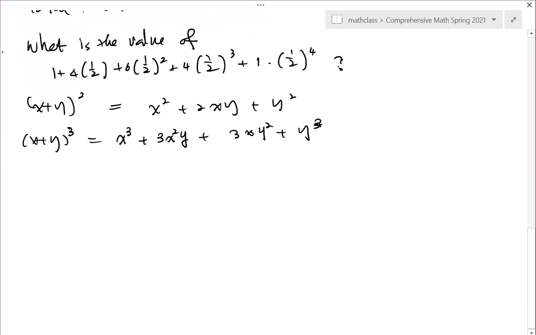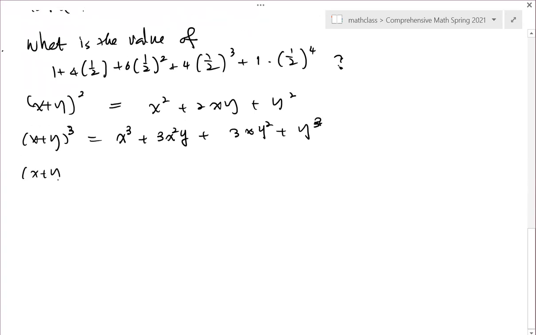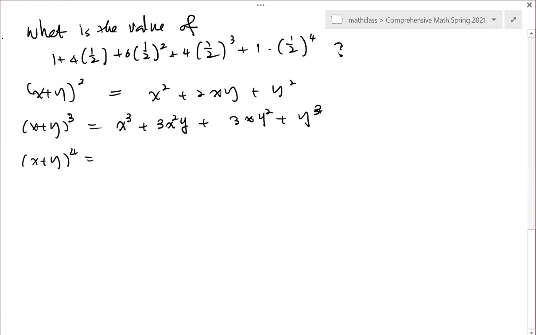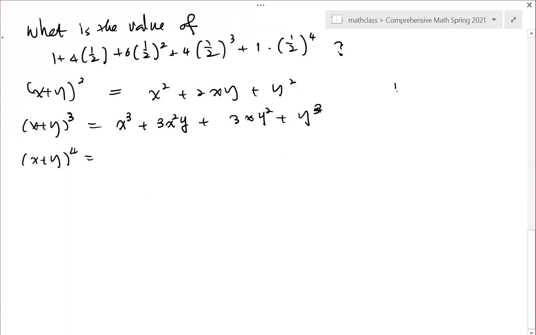Then you will also see there is a way to determine the coefficients. This 1, 2, 1. Then add them together with 3 and 1. Then you have 1, and those two will be 4, and that's a 6, and that will be 1 to the 4, and this is a 1.